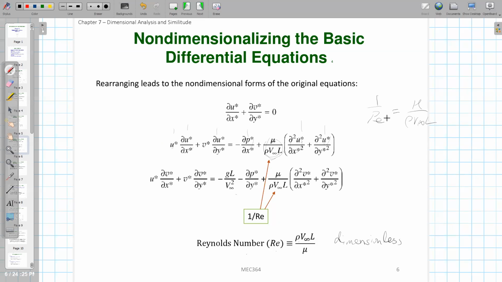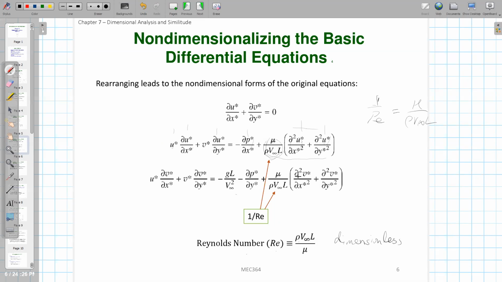Okay, so if your Reynolds number is very large, your 1 over Reynolds number will become very small. So this will become very small, so that this term can be neglected. So what's the conclusion we get here? We get here that you can assume your flow is inviscid when Reynolds number is very large. This is true for aerodynamics problems.